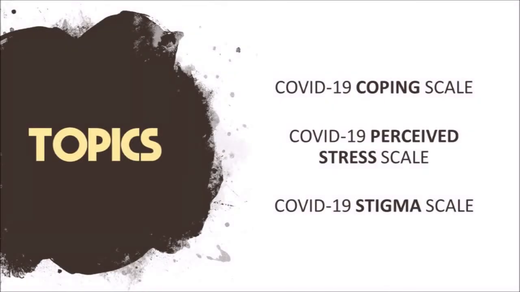And finally, we have the COVID-19 stigma scale, or how much people stigmatize individuals who have been diagnosed with COVID-19. Okay, so these are the three options, and you can choose which one to work on.